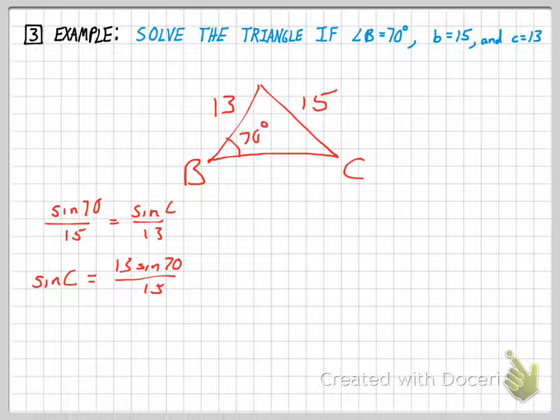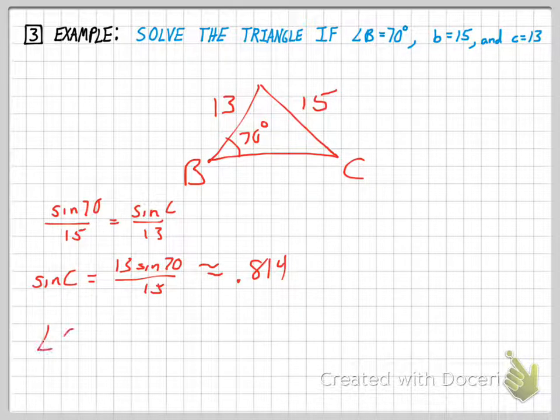And that turns out to be about, I didn't do my decimal here, let's do that real quick, 13 sine 70 divided by 15, about 0.814. Okay.